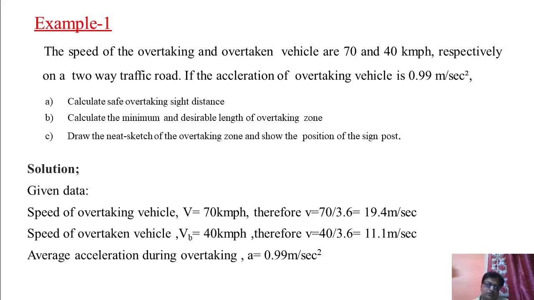Average acceleration during overtaking, that is small a, 0.99 meter per second square. As I told you, it can even be expressed in kmph. If kmph is used, then the formula will be different: 14.4 s by a.